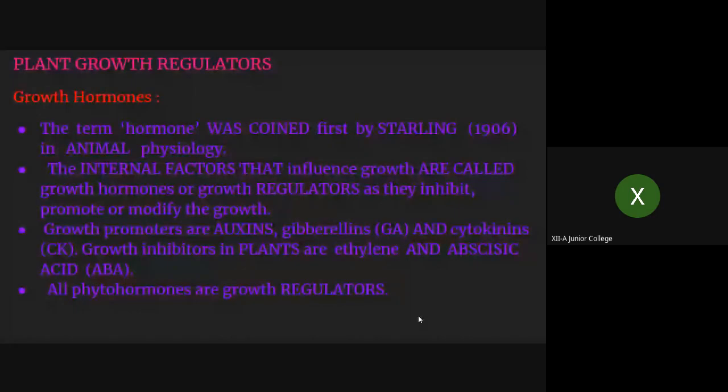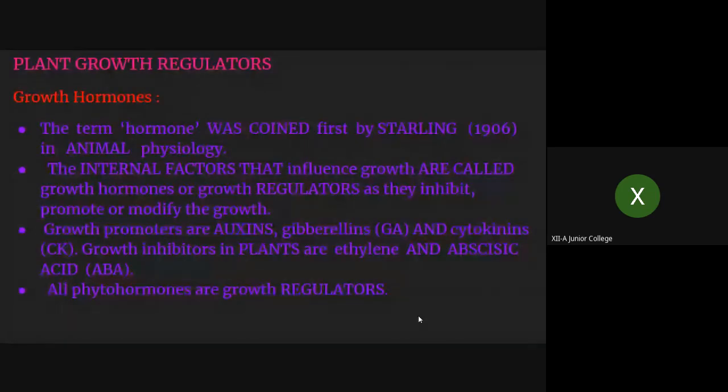Growth promoters are auxins, gibberellins, and cytokinins. And growth inhibitors in plants are ethylene and abscisic acid. All phytohormones are growth regulators, that means those which are present in the plant. So basically 2 categories are present. One is called promoters.